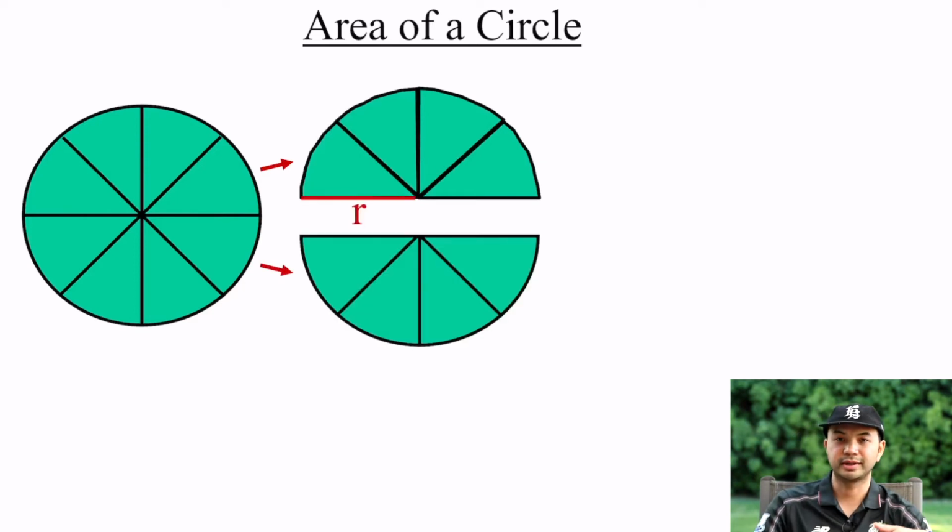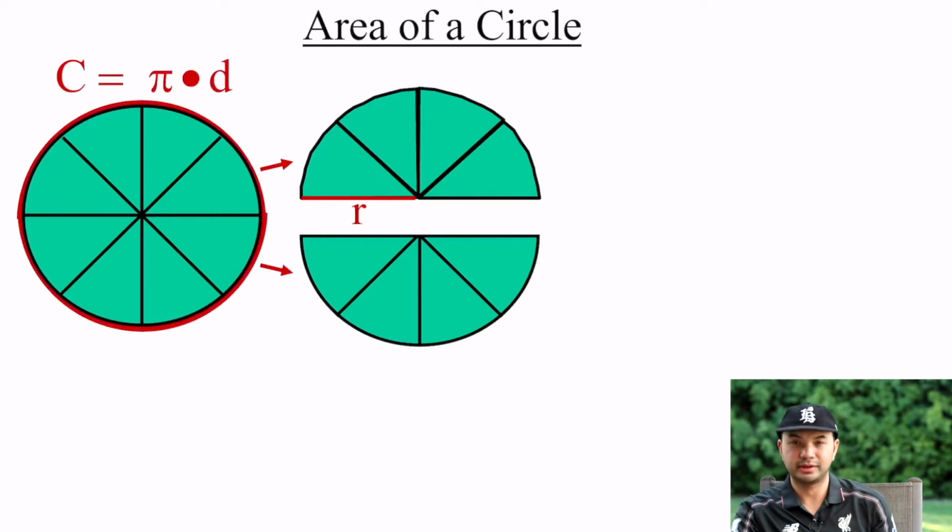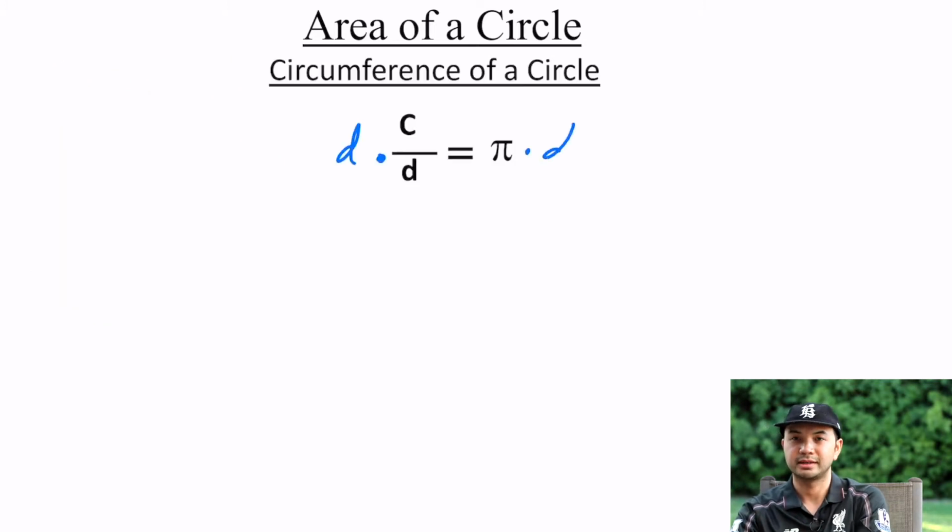Okay, so now you know that that's the radius, right? From last lesson, you know that from the center to the circle, that's called the radius. And you also recall that the measurement around a circle is called the circumference. We showed from calculating pi that the circumference equals pi times the diameter.